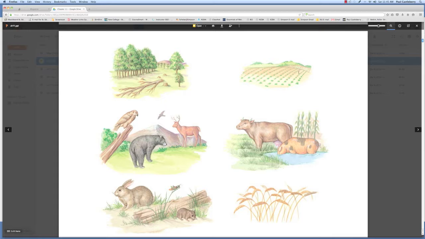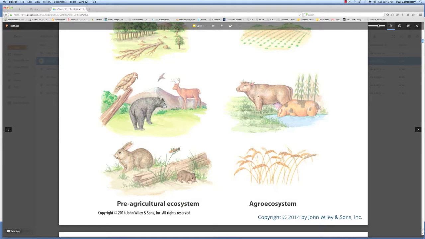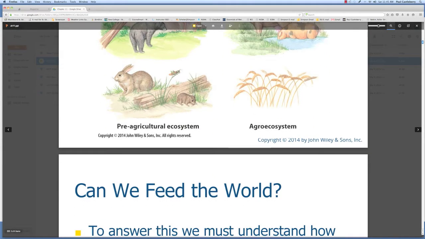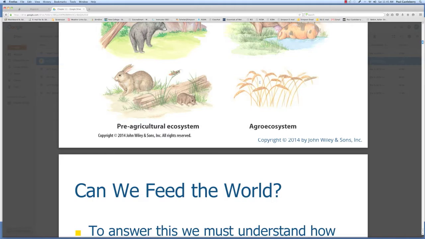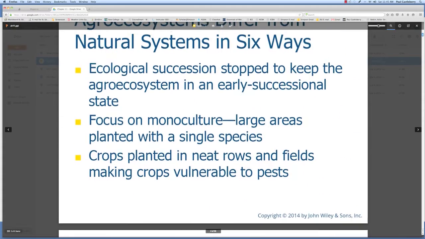We don't see any wildlife, and so we initially go from a system that has multiple diversity in terms of forest lands, and then it begins to move into an area of a single point of crops being grown. Here we can look at it in terms of cattle, and here we can talk about it in terms of wheat. So we'll talk a little bit more about that as we go through.